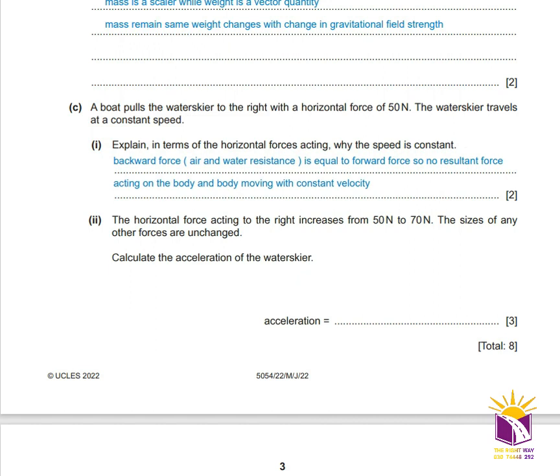Okay, the horizontal force acting to the right increased from 50 Newton to 70 Newton. The sizes of any other force are unchanged. Calculate the acceleration of the skier. So we know that the formula for the force F is equal to ma, and the change in force F will be equal to 70 minus 50 equal to 20 Newton. So force will be 20 Newton.